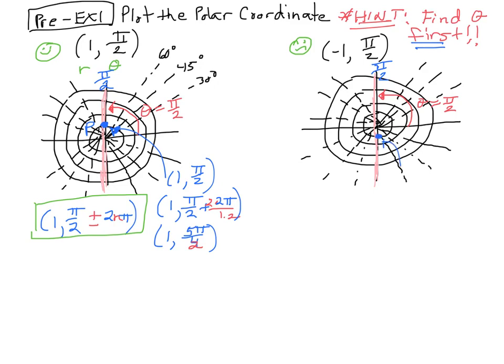And so that point there is -1, pi over 2. And then we can call that point P. The only difference between these two graphs is this one has a positive r and this one has the negative r. We still maintain the same theta. Theta never changed.